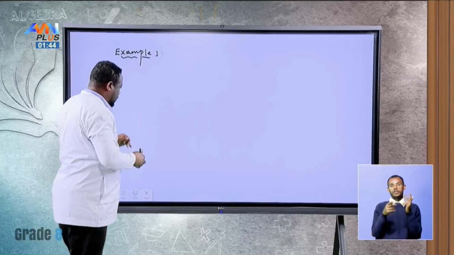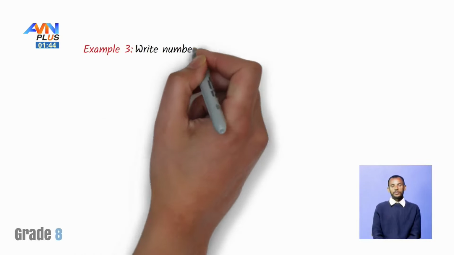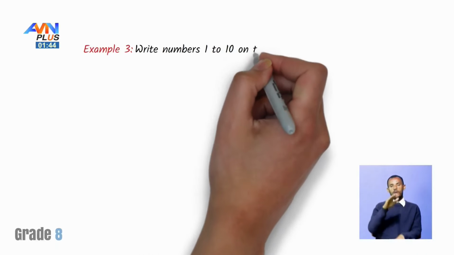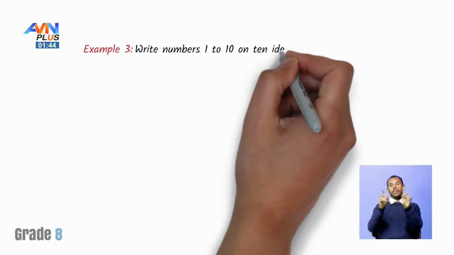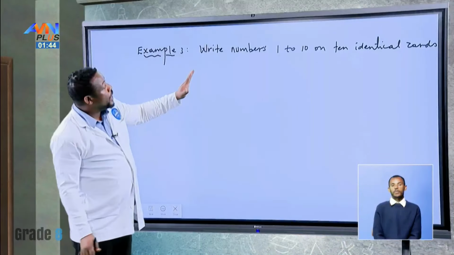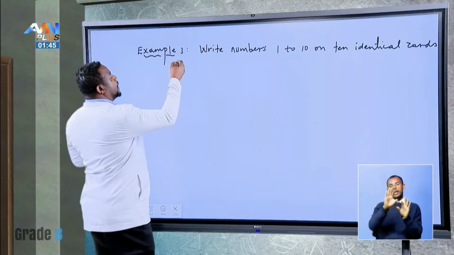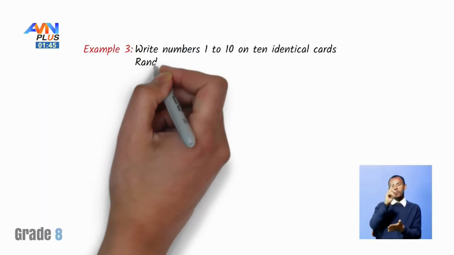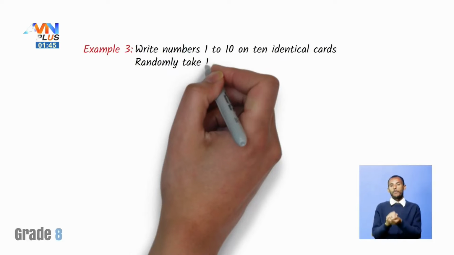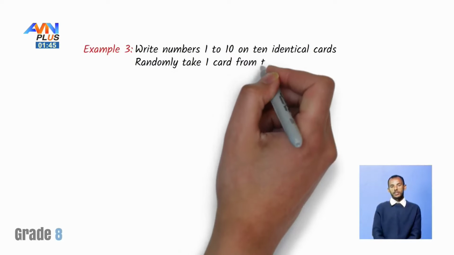Okay, in the third example, write numbers 1 up to 10 on 10 identical cards, and randomly take one card from the cards.